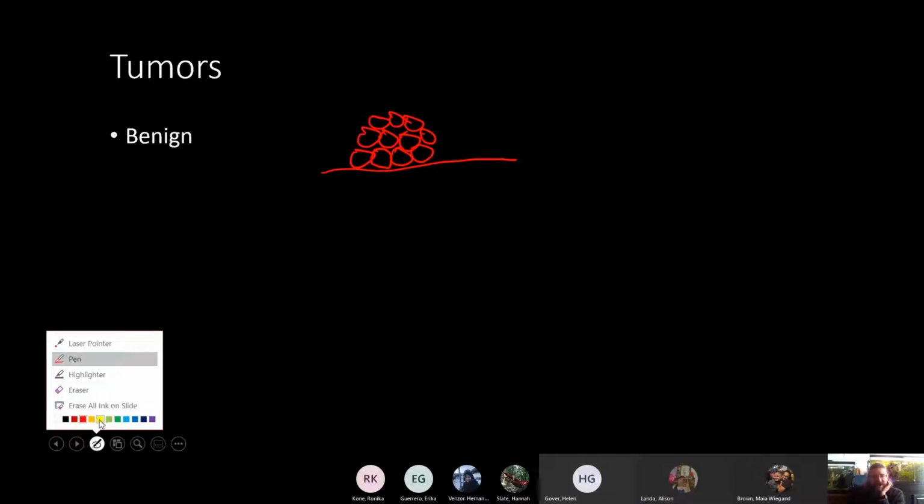But interesting things about benign tumors, right? So one, benign tumors tend to have a bit of tissue surrounding them, called the capsule. So that's the tumor capsule. So you've got this tissue surrounding the tumor growth.